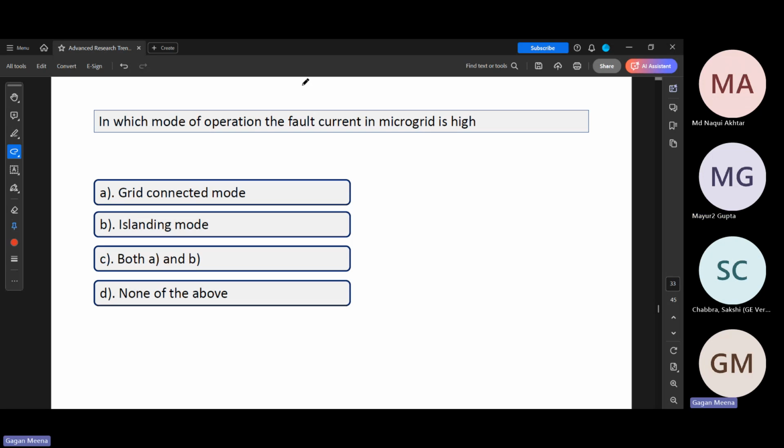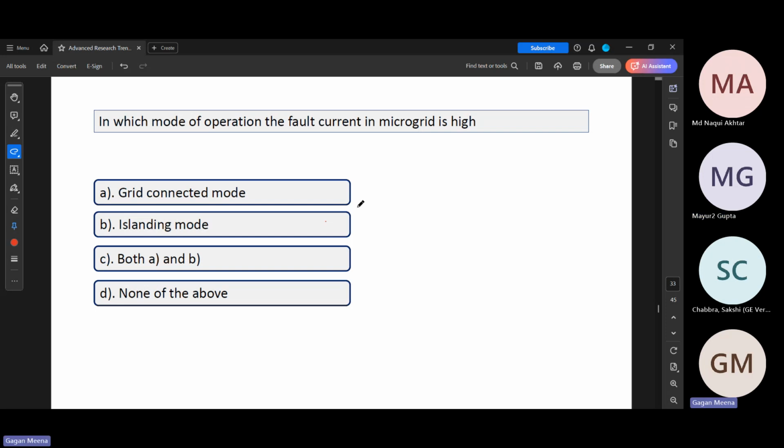Okay, so then in which mode of operation is the fault current in a microgrid high? Grid connected mode or islanding mode, or C, both A and B? So what's the answer? Grid connected mode. Yes, correct.